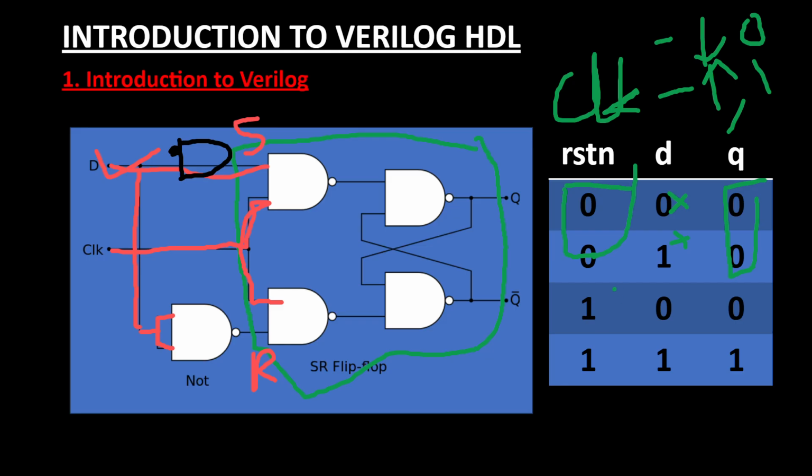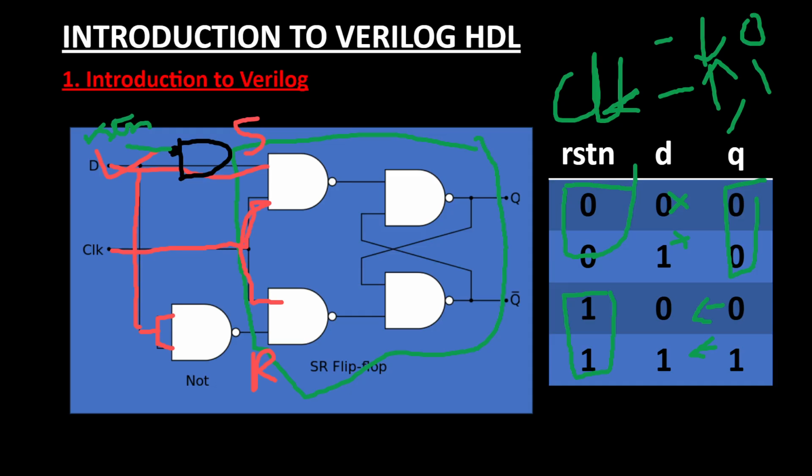If you take reset as 1, when the clock is 1, the output is following the input D. So when D is 0, the output is 0, right? So we are going to take the active low reset over here. I forgot to draw this, which is my mistake.